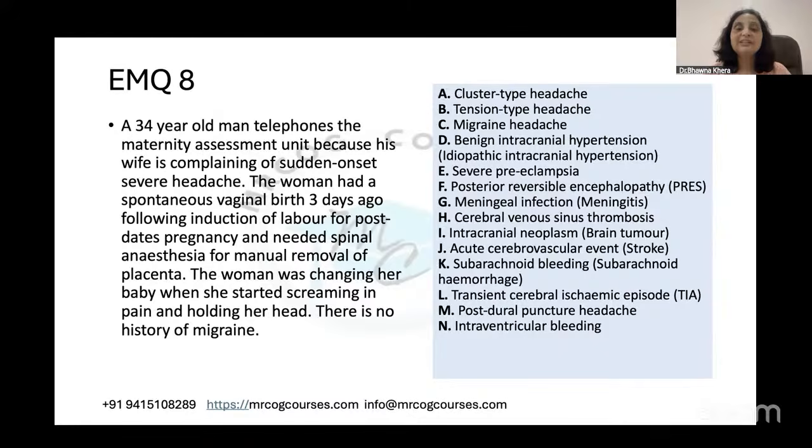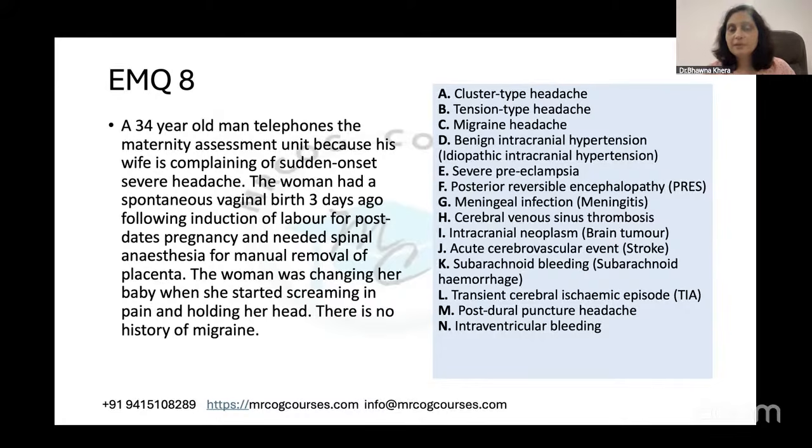The woman was changing her baby when she started screaming in pain and holding her head. There is no history of migraine. Now what is this? She is having a sudden onset severe headache following induction of labor for post-dates pregnancy.